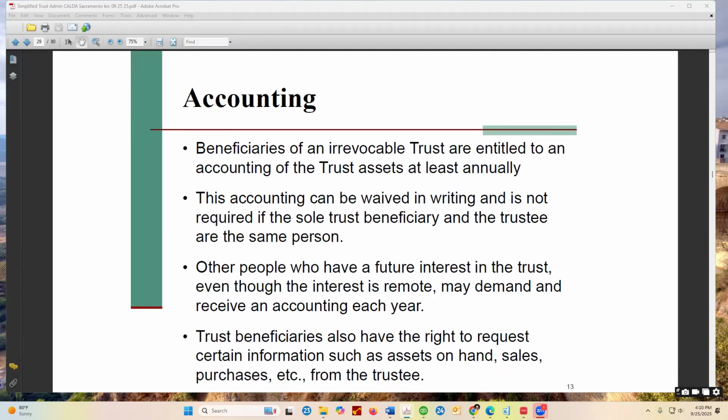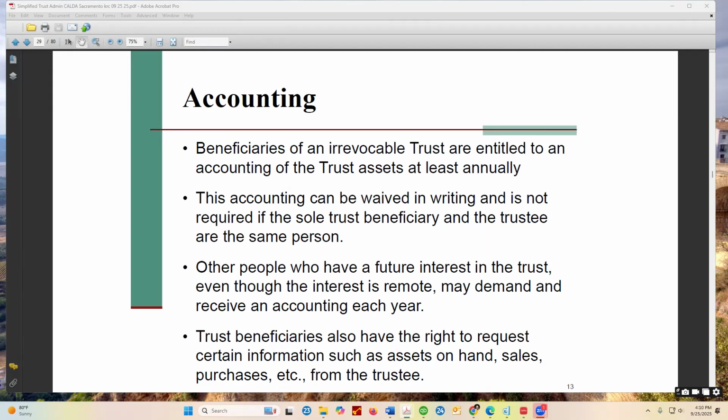When you're doing estate and trust administration, you also have to do accounting to the beneficiary. So in both a probate and an irrevocable trust, you're supposed to accumulate the income and expenses and give the beneficiaries reports on what the income and administrative expenses were.